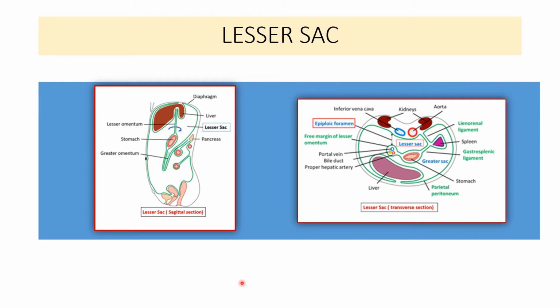Now let us discuss a little about the lesser sac and the omenta that contribute to the walls of the lesser sac. In this picture, on the sagittal section of the lesser sac, you will see the stomach and the two layers of lesser omentum extending towards the lesser curvature of the stomach, the anterior layer and the posterior layer.